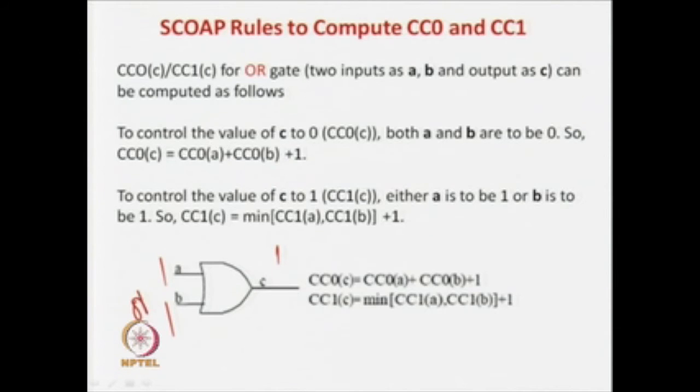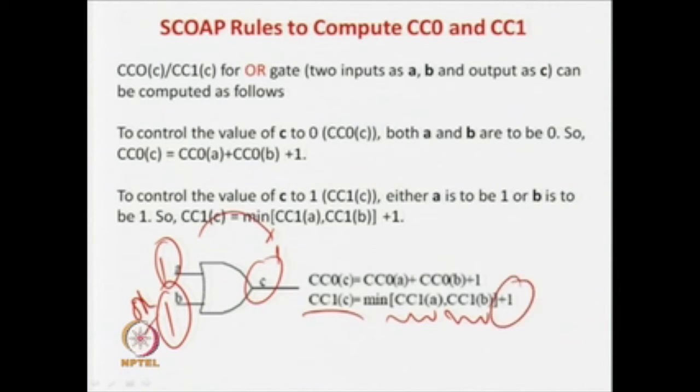Any of them being 1 will get you the output. So, it is the minimum of the difficulty of A to be 1 and the difficulty of B to be 1, and you add a 1 for the level shift. So, these are the rules for an OR gate.